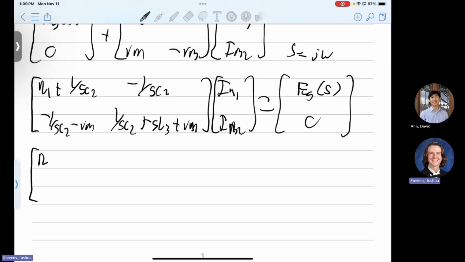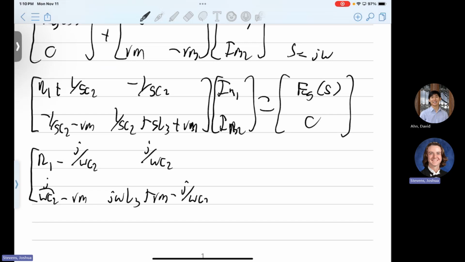So this will just become R1 minus J over omega C2, then this will just become J over omega C2. This will then become J over omega C2 minus RM. And this will become J omega L3 plus RM minus J over omega C2.